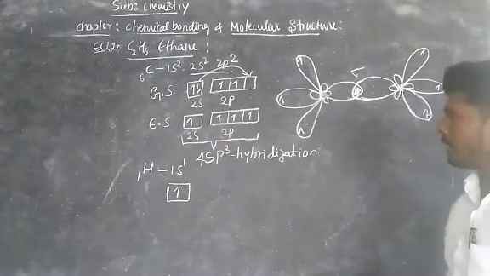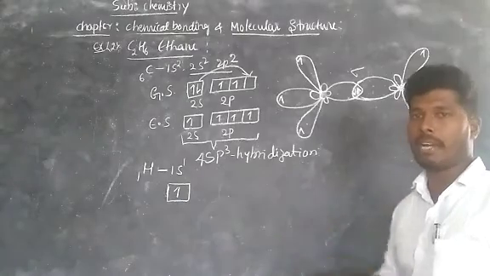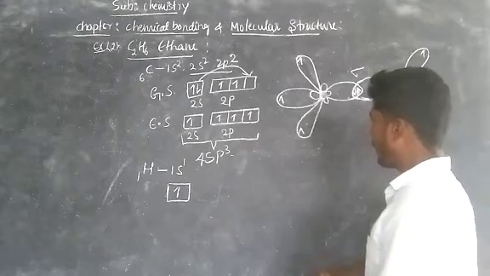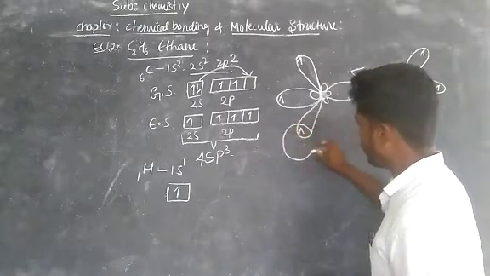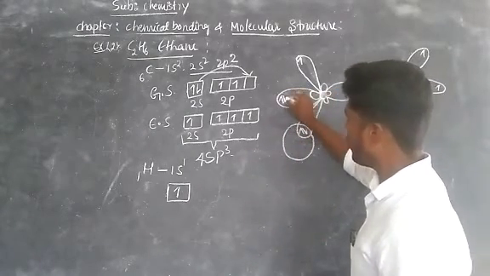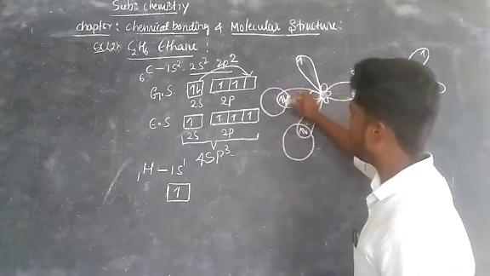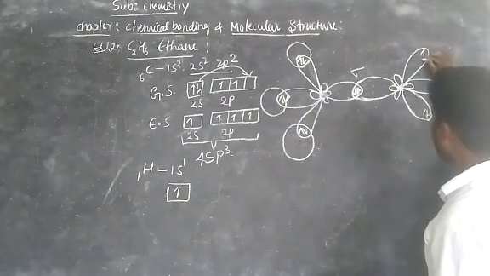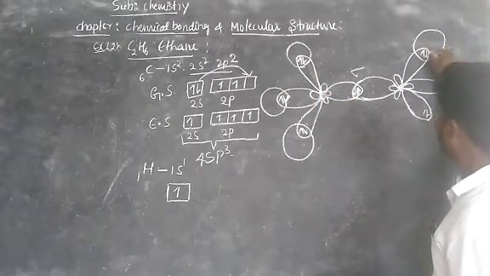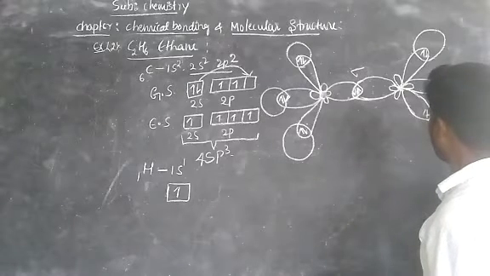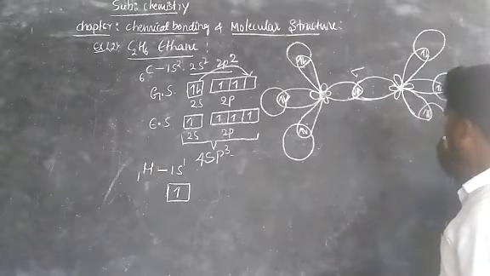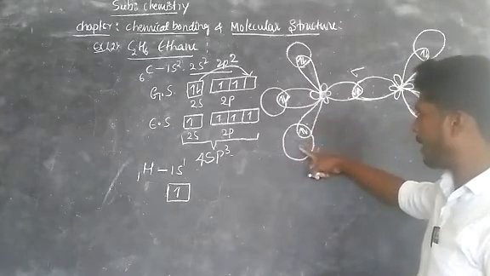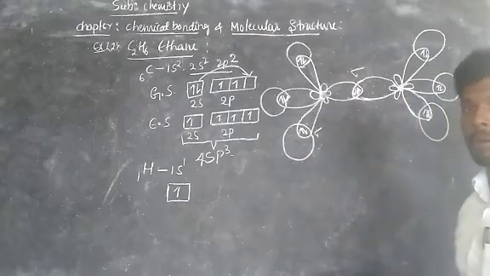So observe, one hydrogen is overlapped here with the opposite spin, the second one will be overlapped here, and the third one, and here the fifth one, then the sixth one, and the seventh orbital, like that overlap. So overlapping of hybrid orbitals of p and s gives a sigma bond.